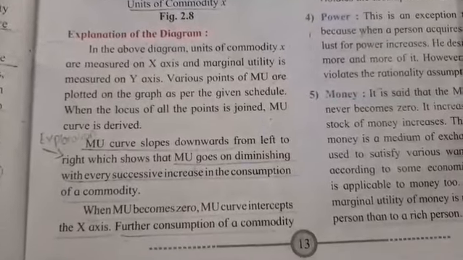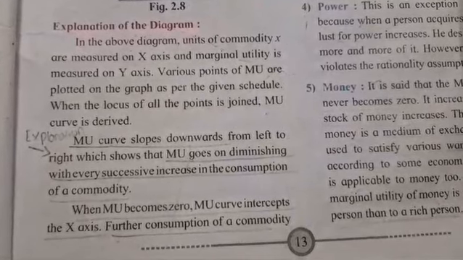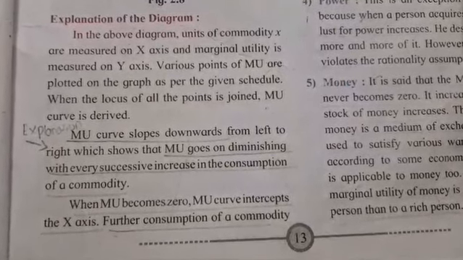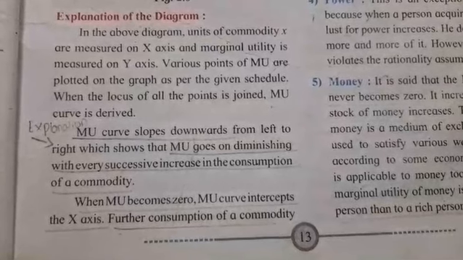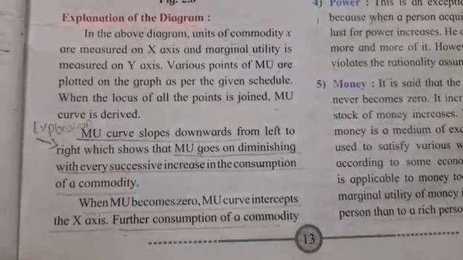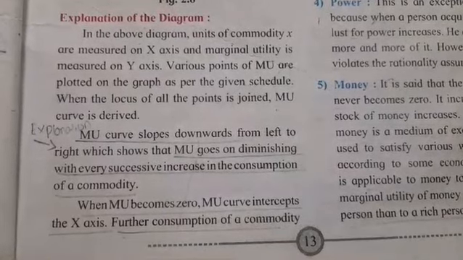Explanation of the diagram. In the above diagram, units of commodity X are measured on the x-axis and marginal utility is measured on the y-axis. Various points of MU are plotted on the graph as per the given schedule. When the locus of all points is joined, the MU curve is derived.